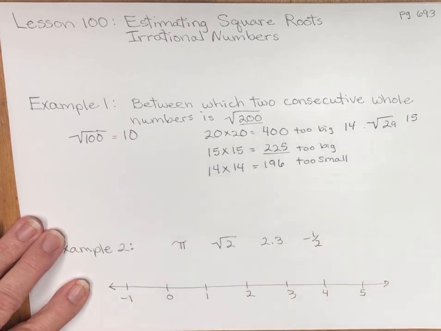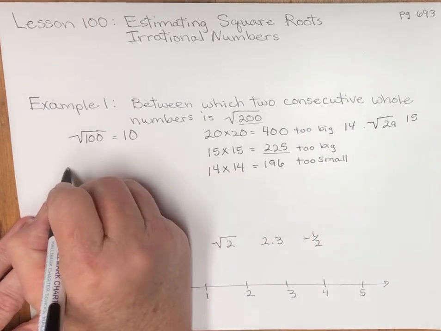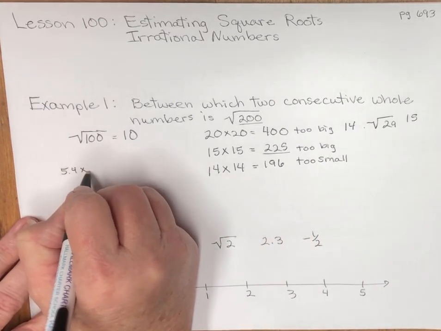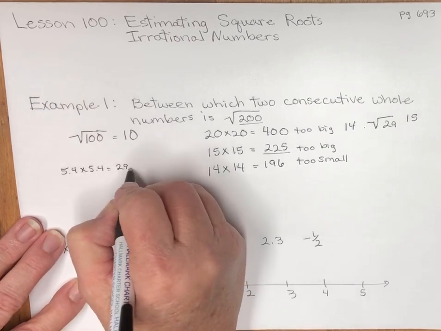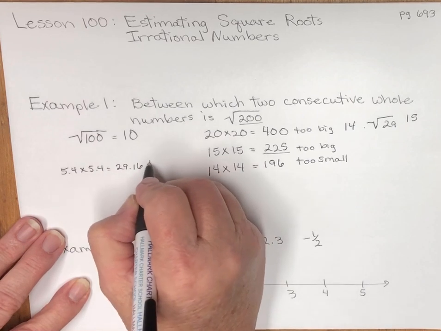At the beginning of this lesson, you found out that the square root of 29 is between 5 and 6. You can refine our estimate by finding a decimal, and they give us some examples here. 5.4 times 5.4 would give us 29.16, that is too large.